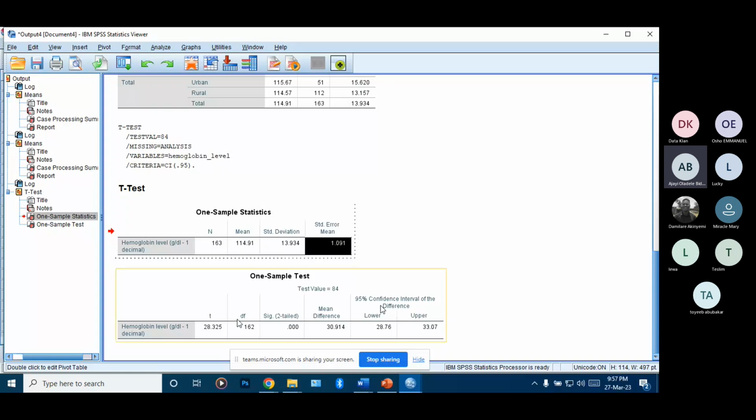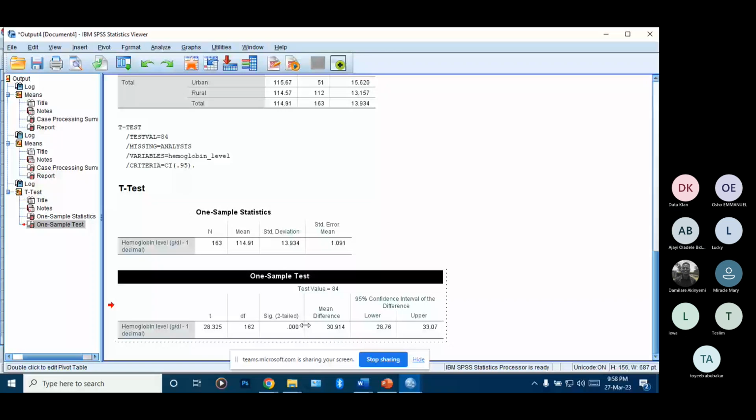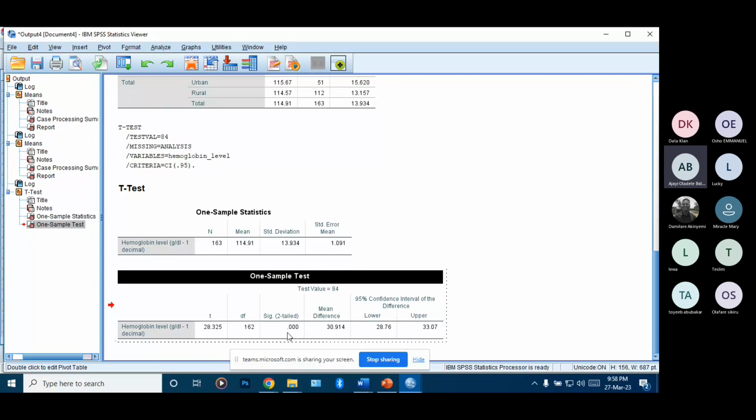Now, coming to the main test. We are going to be using p-values to make our decision, because it is quite easier to use p-value. We could compute and check our t-value from the table, but since the software has computed the p-value for us, we are going to be using p-value for our decision.